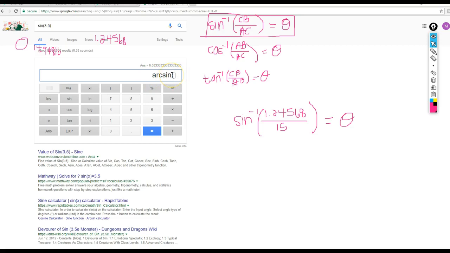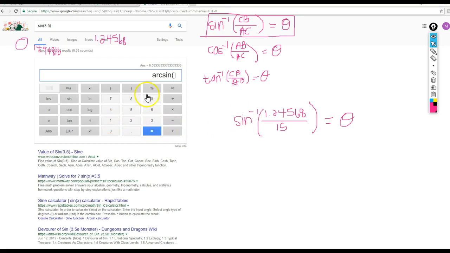Now, arcsine was created as a label for sine inverse by those that didn't want to use the exponent of -1 because they thought it looked too much like an exponent. So there was a debate in math as to how it should be labeled. And one branch decided arcsine, and one branch decided sine to the -1. They both represent the same thing, though.